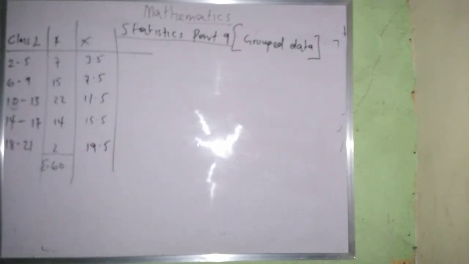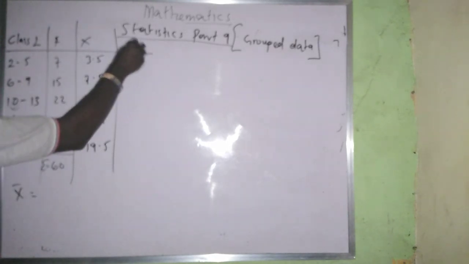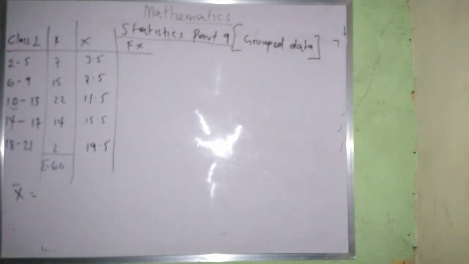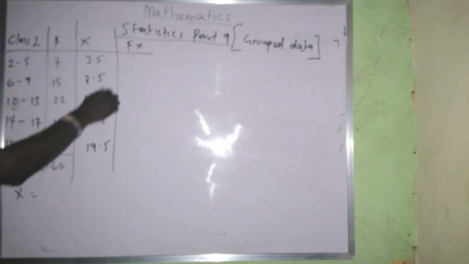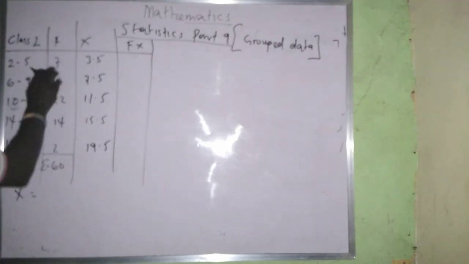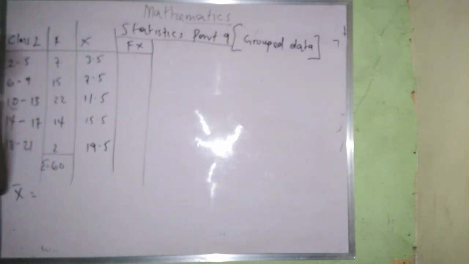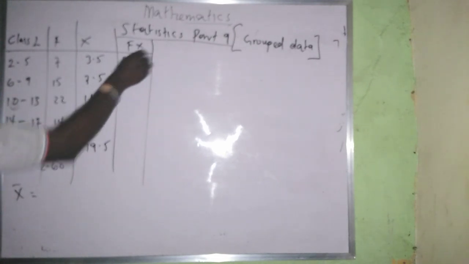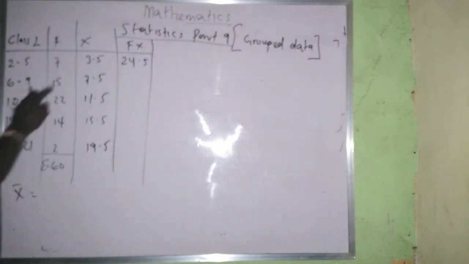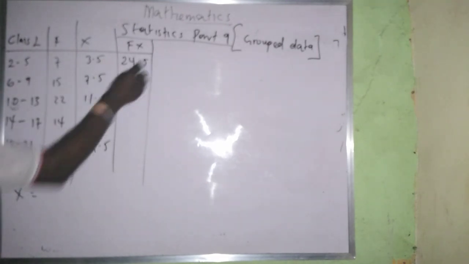Now, the next thing we need to get is our mean. I need my f times x. It means this times this. It will be 24, then 112.5.